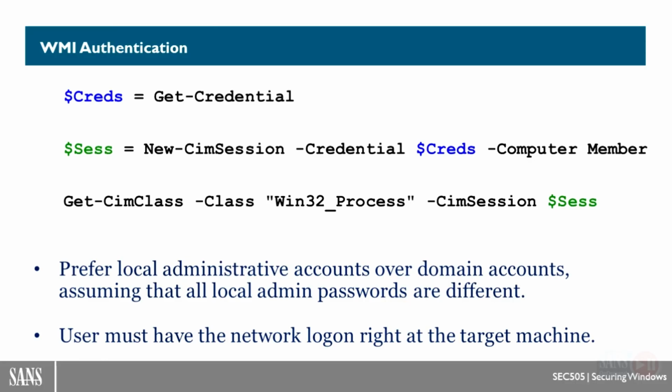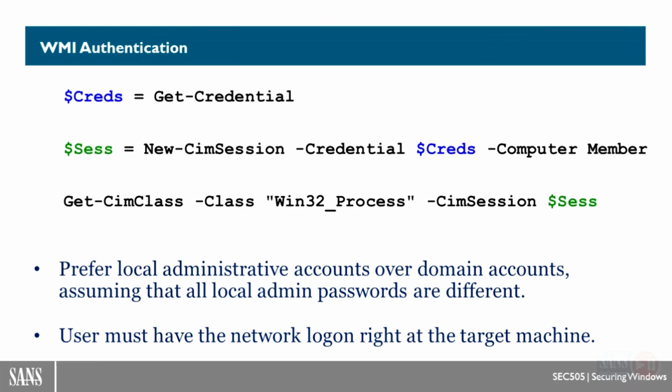So over the last several slides, we've seen queries that follow a pattern of select star from a class. And we did that over and over again, select star from, select star from. Well, here's a shorter way of doing the exact same thing. If you do Get-CimClass, you simply give it the name of the class, and secretly in the background, it runs the query select star from that class.